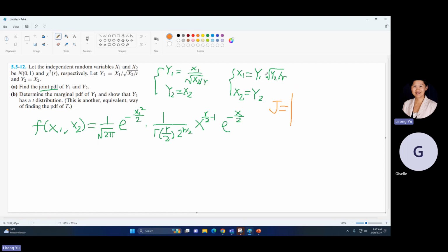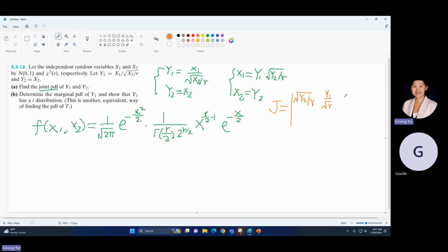So we would find the derivative of x1 with respect to y1, which is root of y2 over r. And then the derivative of this function with respect to y2, that was y1 over root of r, that was coefficient. And we will find root of y2, because of the root derivative function, you move the power to the front and the power minus 1.